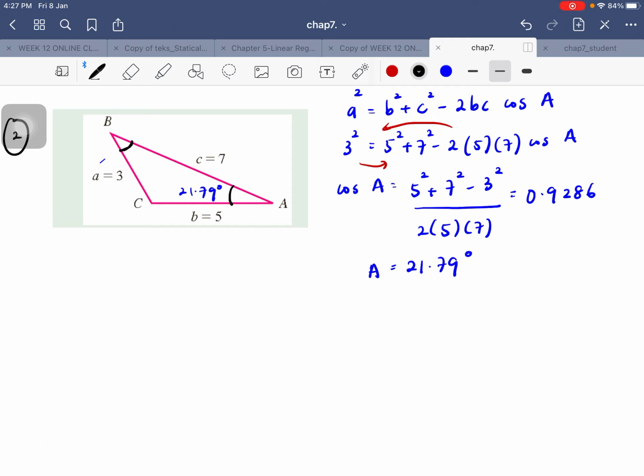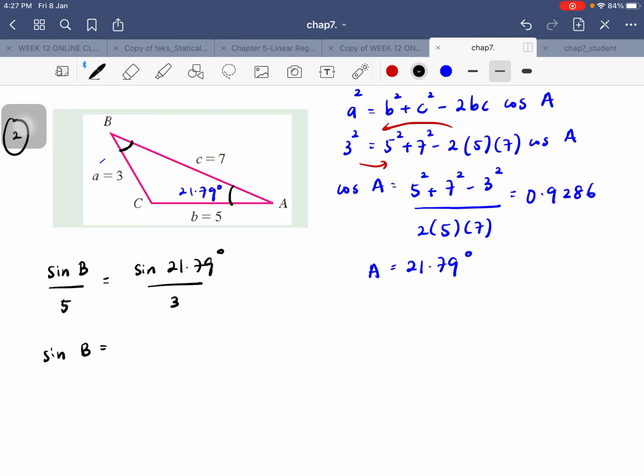I'm going to find the angle of B. Using the sine rule, I'm going to have sine of B over the length opposite to it, which is 5, equal to, now that I already have information about A, sine of 21.79 degrees divided by the length opposite to it, which is 3. So let's put sine B first.